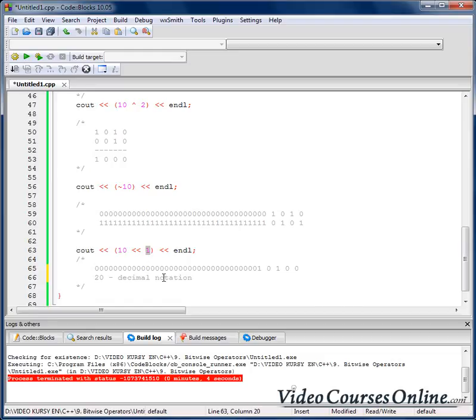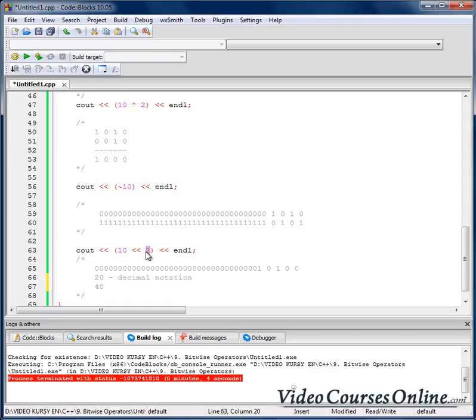And if I did something like that, I would have the bits shifted to the left side one more time, and we would have 40 here because we would multiply it by 2 again.